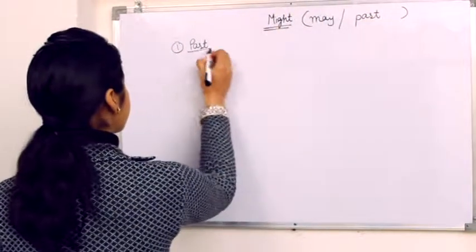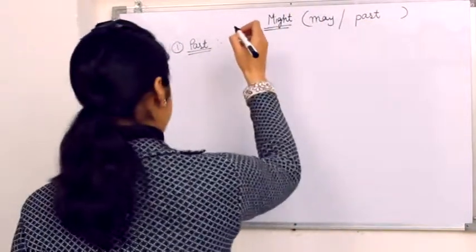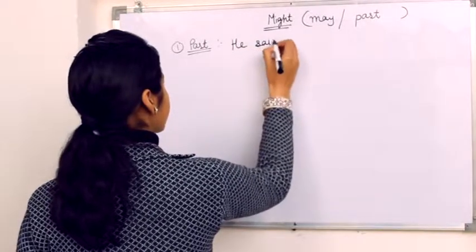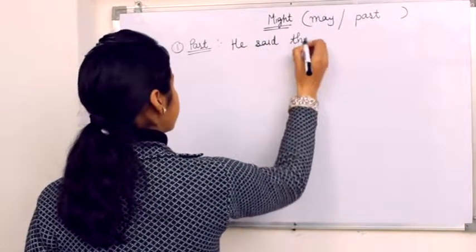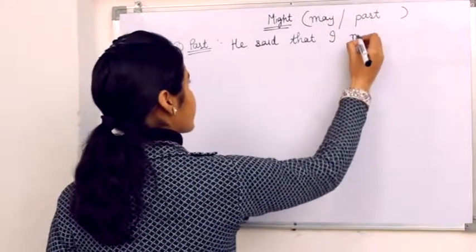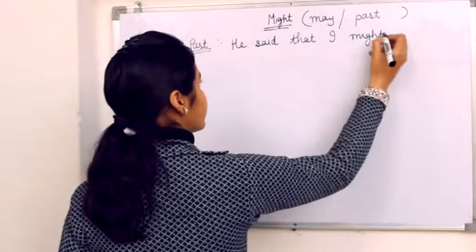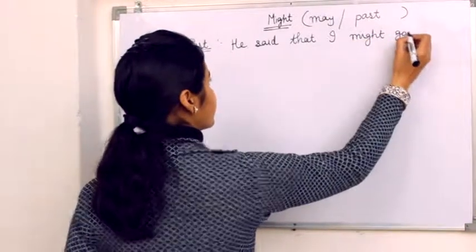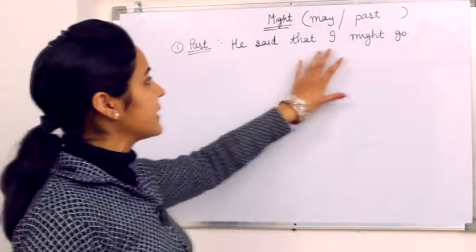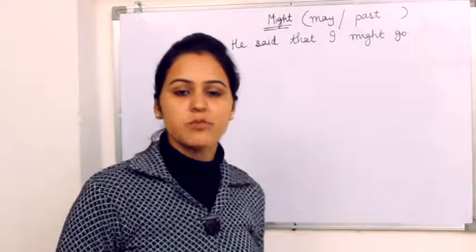So in past I write, he said that I might go. So he said that I might go, this is related to past tense.